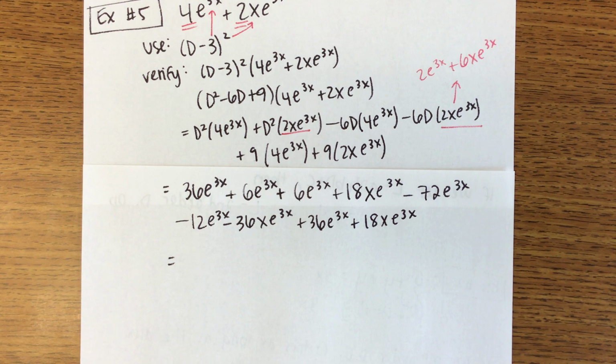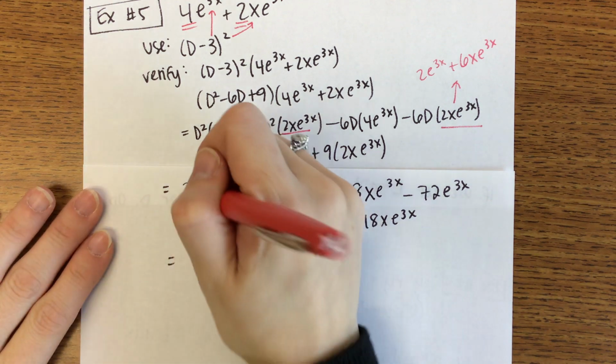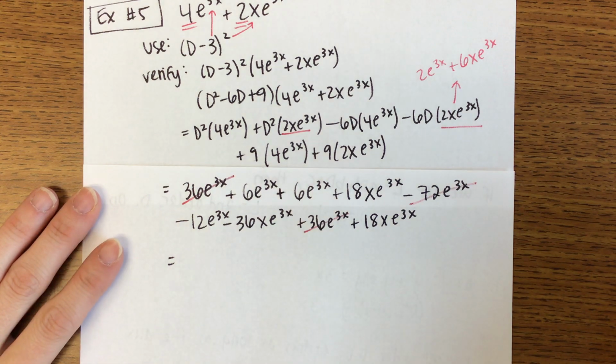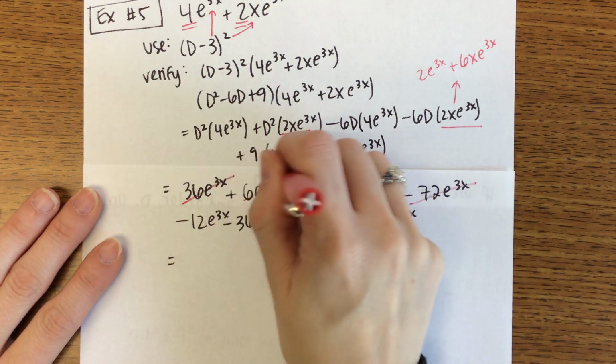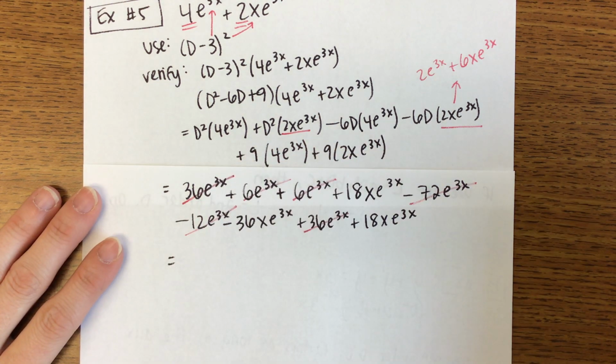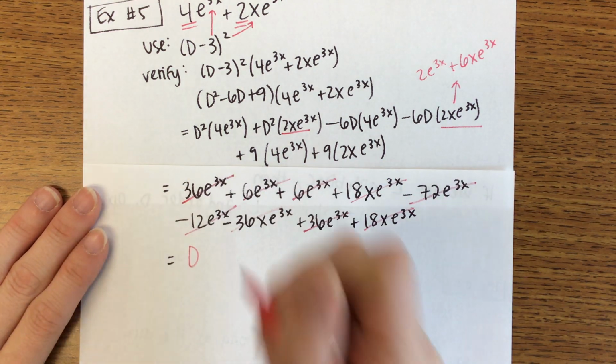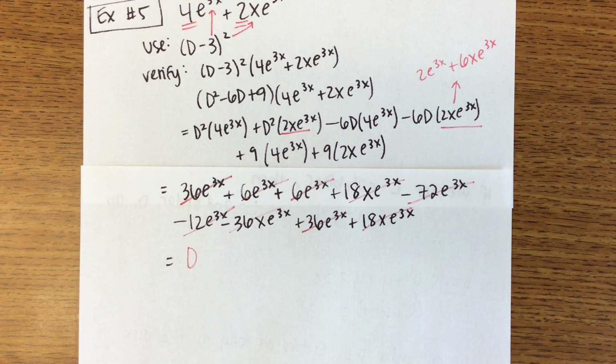So now we have to see what cancels out. We have 36e to the 3x, 36e to the 3x, negative 72. We have 6, 6, and negative 12e to the 3x, 18x, 18x, negative 36. So hence we get a 0.